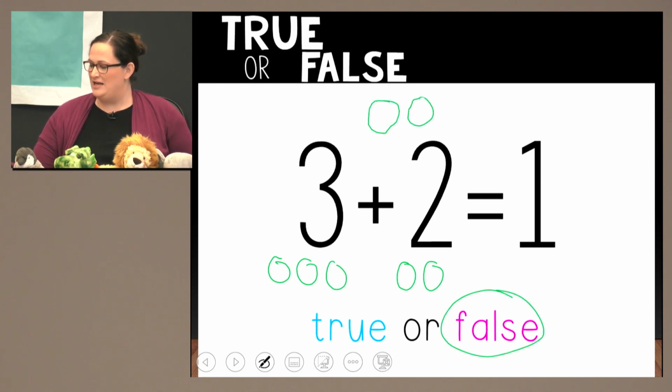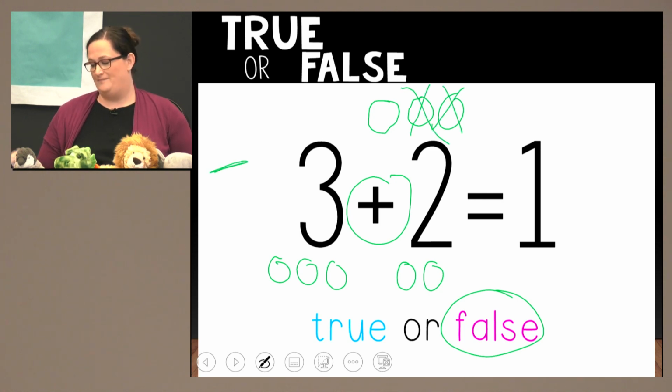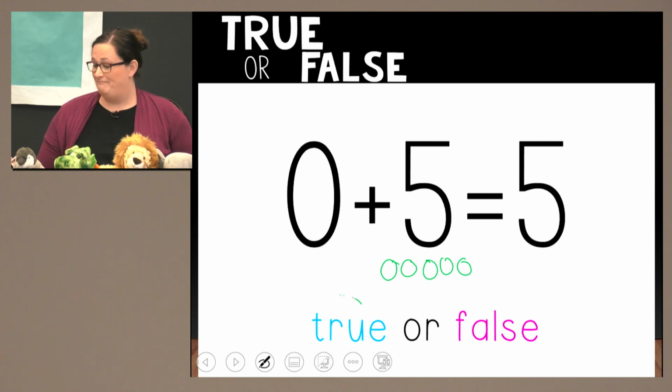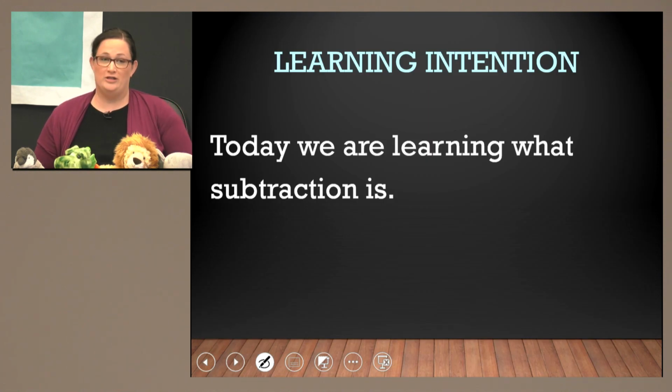They did 3 and they didn't add. They subtracted, which is taking away 2 to get 1. Okay, if there are no apples in the basket, and you put 5 apples in the basket, will you have 5 apples in the basket? Yep, you will.